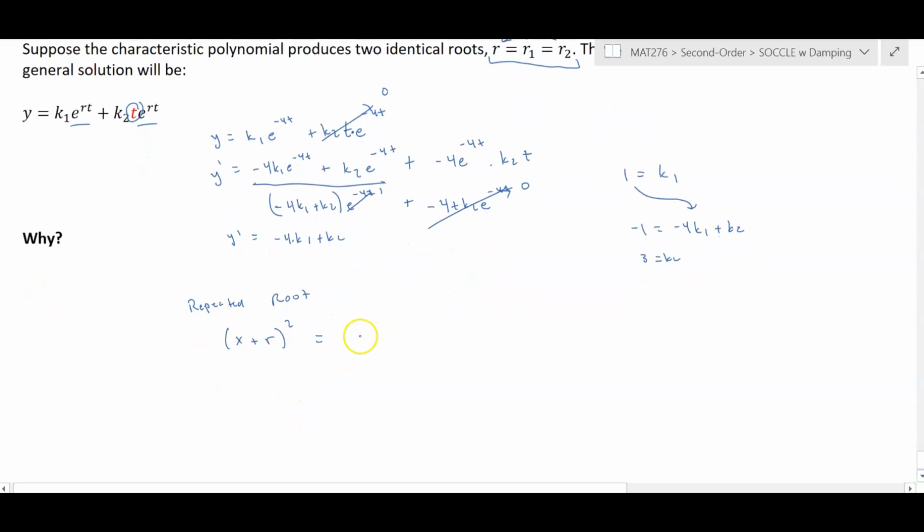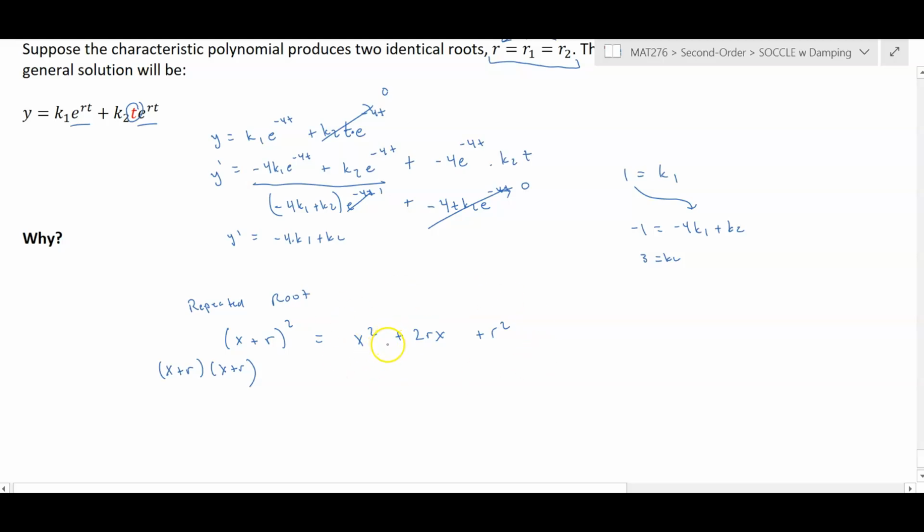Because you're looking for the value of r that will make that equation true. But if you actually expand this out, you'll get x squared plus, you'll get an rx plus another rx, will give you 2rx. Remember, you can't just square both terms. And then plus an r squared. Okay? You'd have to maybe write it like this to see this. And when you do this, you're going to get this equation here, right?